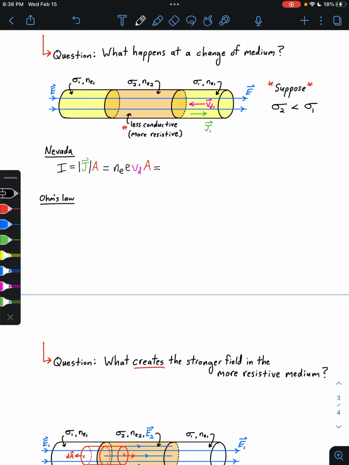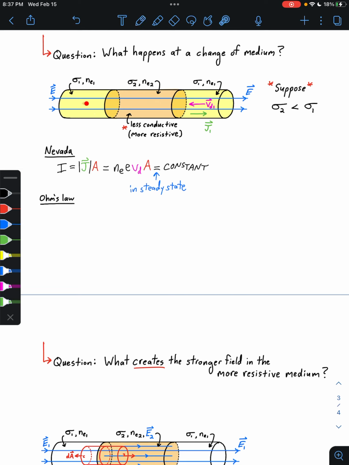And we also know that in steady state current, this must be constant. So the current entering that more resistive material must be the same as the current exiting that more resistive material, so that we don't have a buildup of charge inside this region here.